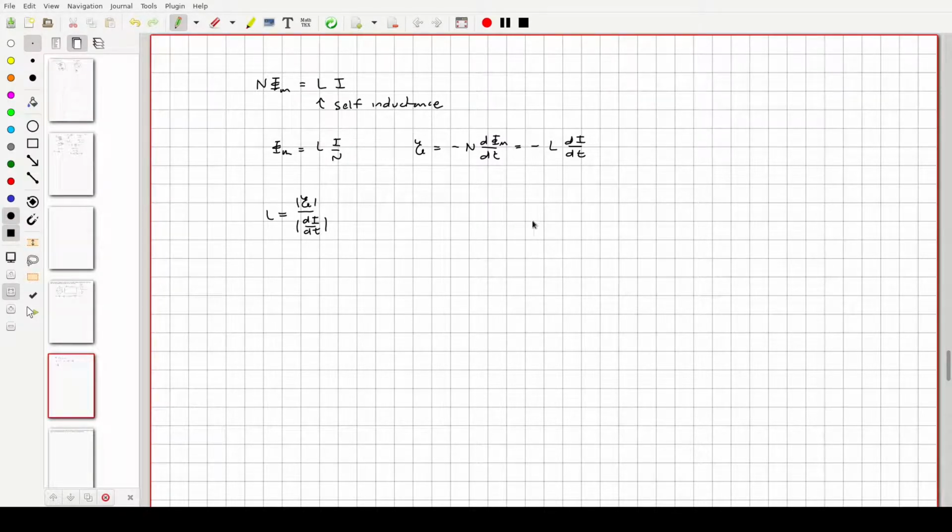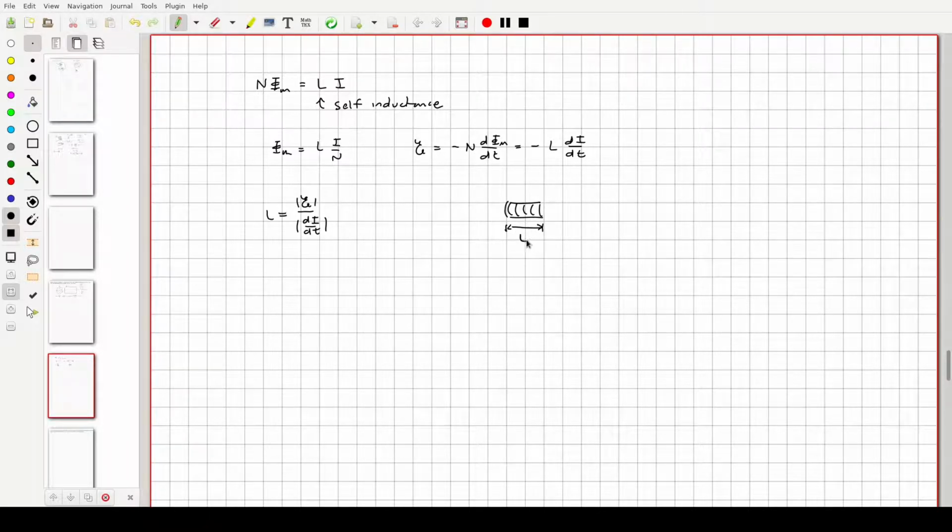So just as an example, what I'd like to do is to look at a solenoid. We know coils have magnetic fields that are a function of the current that goes through them, the length, the number of turns, and the cross-sectional area they have.